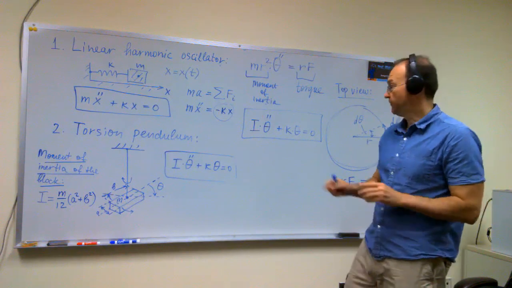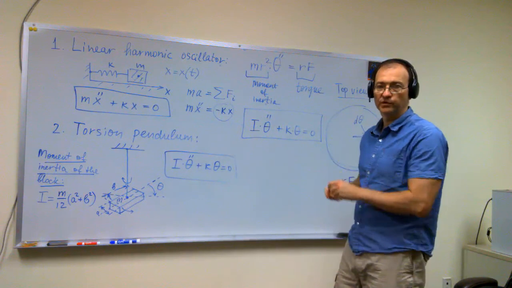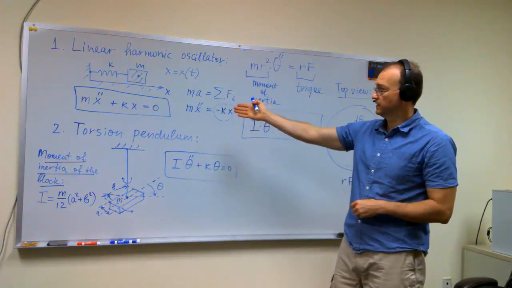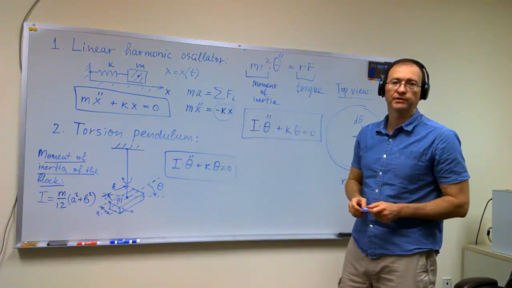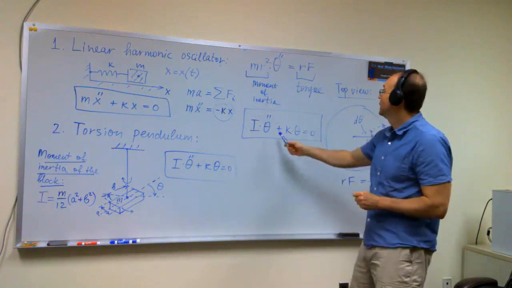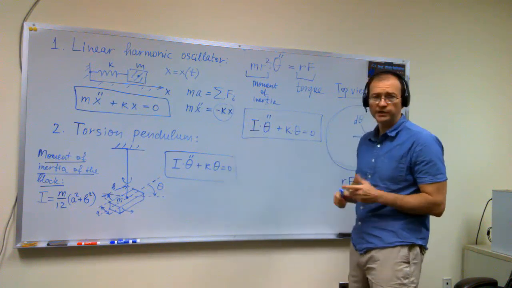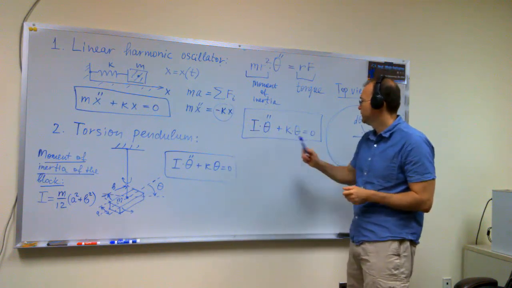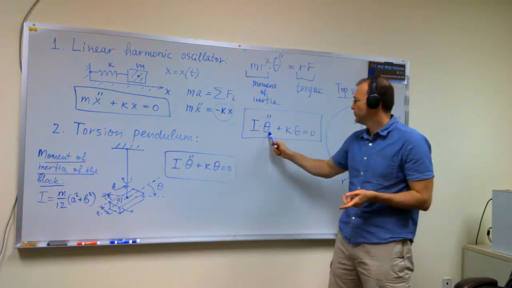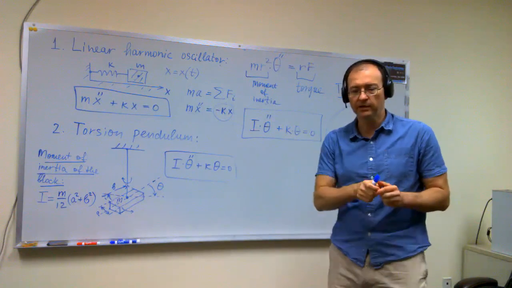The form of those equations will look exactly the same as the corresponding equations for the linear motion. So that's a short answer why here we have a moment of inertia instead of the mass, and here we have the torque constant, and why we use angles as our coordinate instead of linear coordinates.